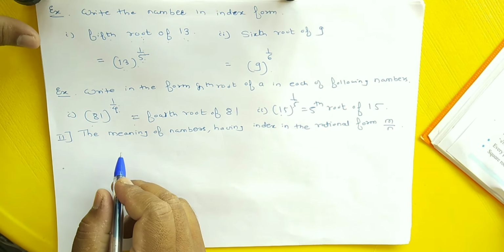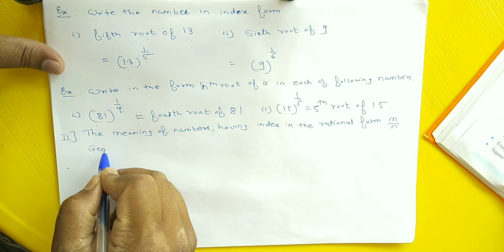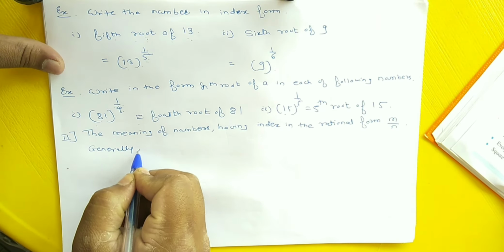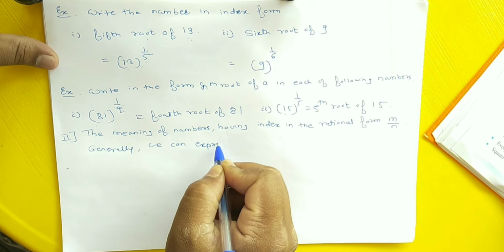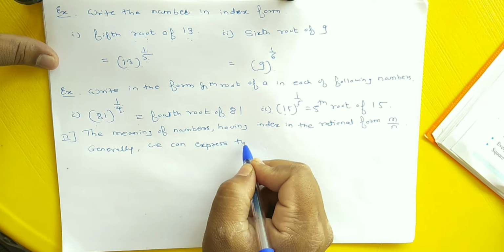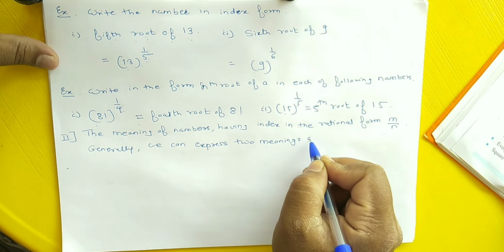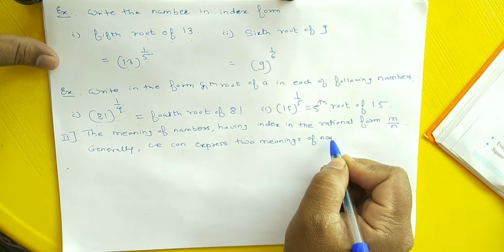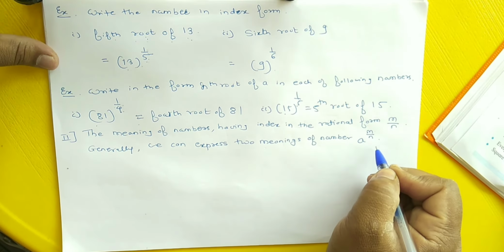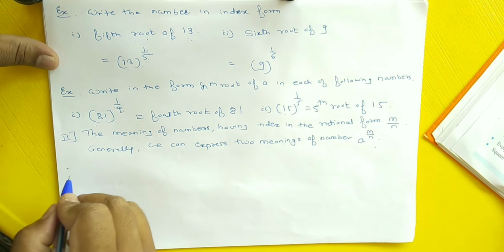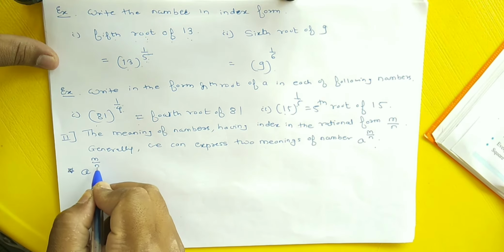Now here, generally we can express two meanings of a number a to the power m upon n. Which are the two meanings? Suppose I consider a to the power m upon n.